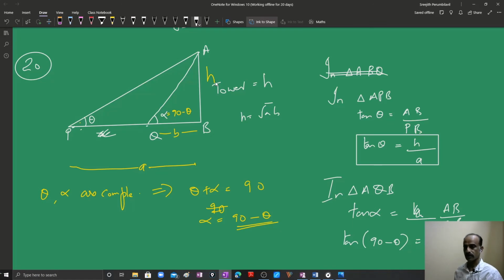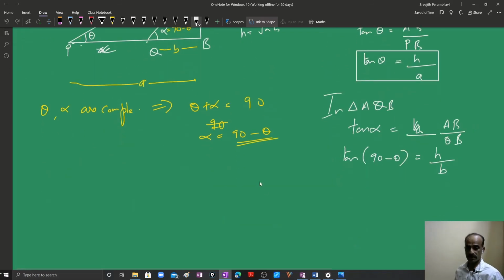That is equal to h divided by QB, and QB is small b. What is tan of 90 minus theta? That is cot theta. So cot theta is equal to h by b. This implies, taking the reciprocal, tan theta is equal to b by h.